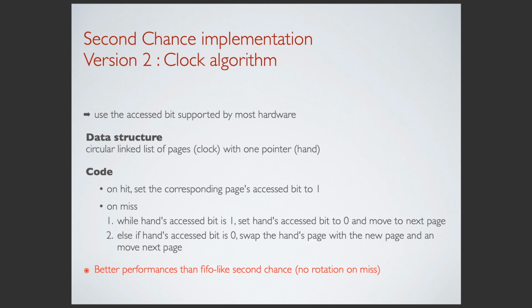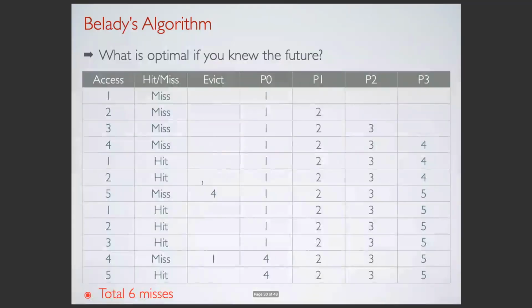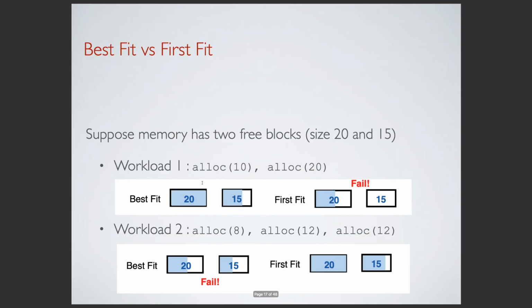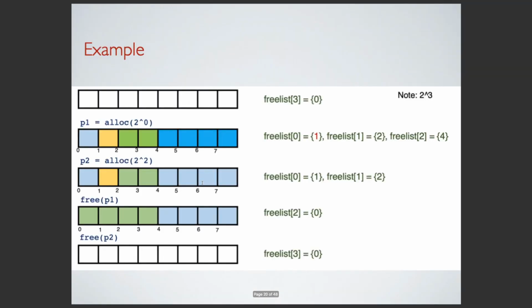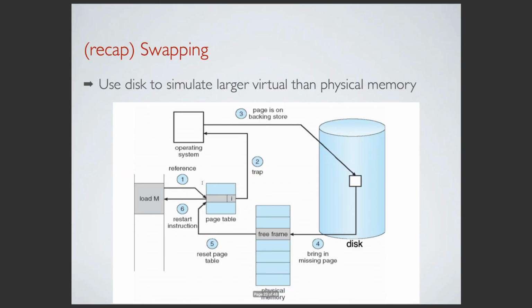Okay, question: why do we have page faults? Again, this goes back to the paging I covered last week. It's important to understand why we have page faults. First of all, you might not have page faults at all.